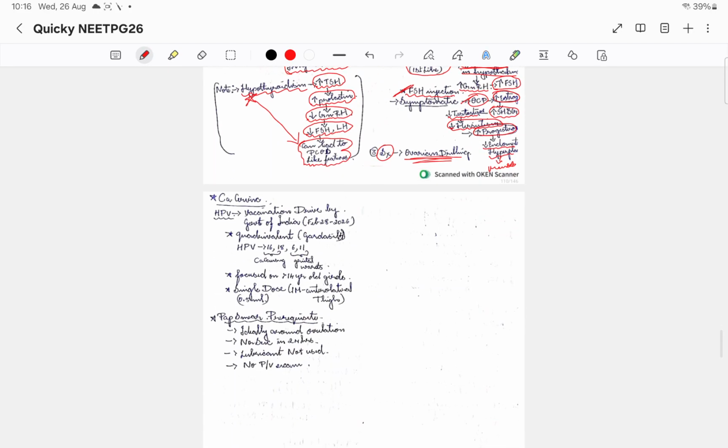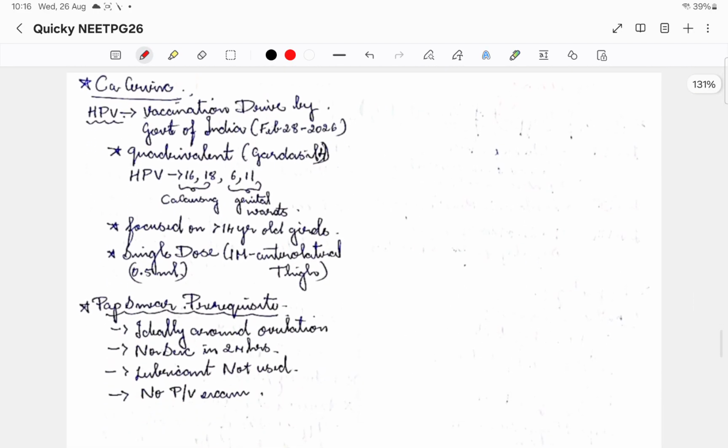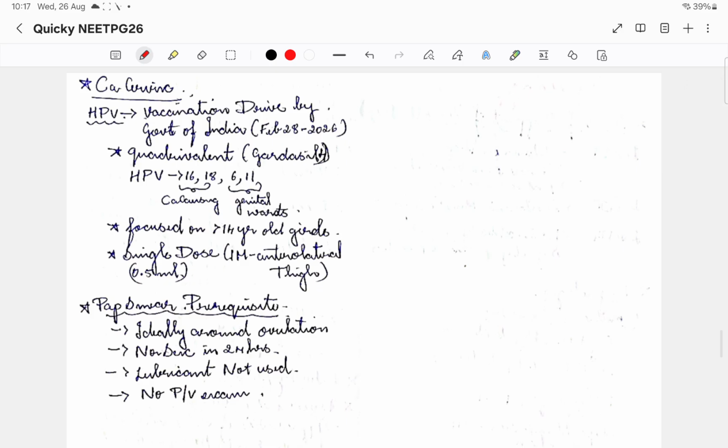So now let us move on to cancers. Please go to any textbook; all the stages are important. All the stages of all the cancers, that is ovarian carcinoma, endometrial carcinoma, and the cervical carcinoma.